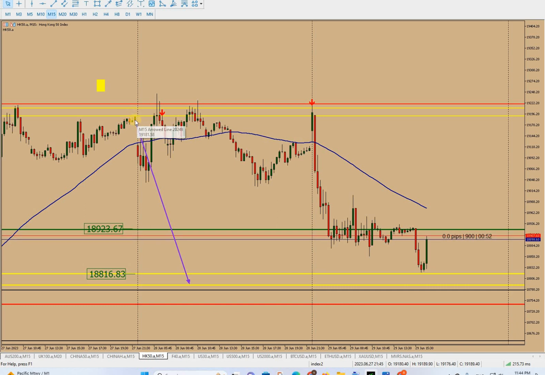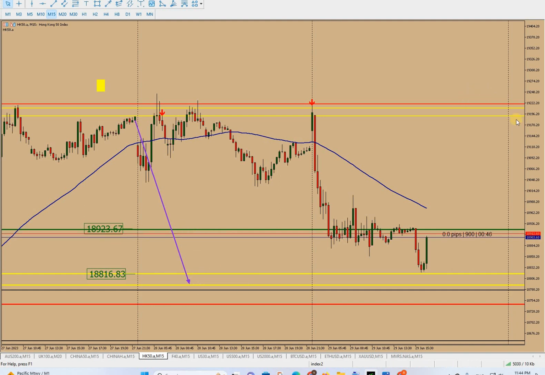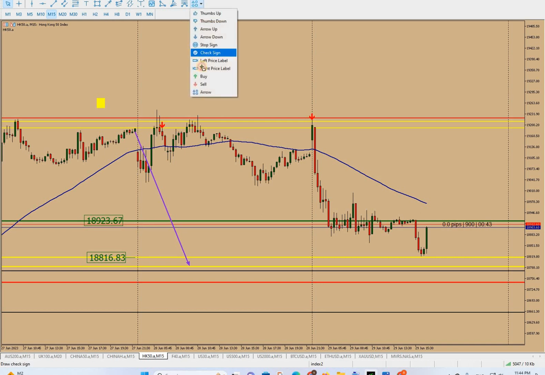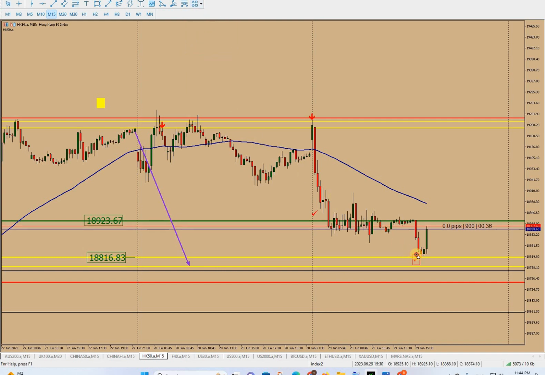When we announced, the price was here, and we said price is going to come down and hit TP1 and TP2, and as you can see, we were right. This one already hit, as you can see here.